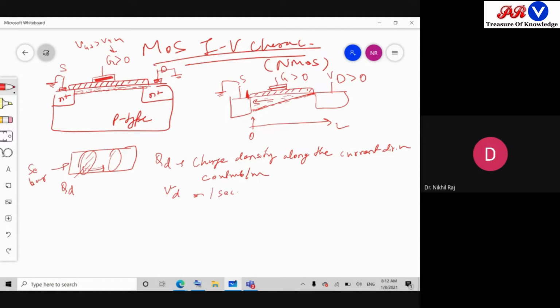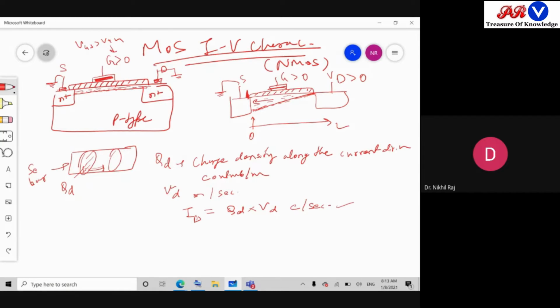So what will be the total current flowing through this? So the current will be computed as Qd into Vd, and the unit will be coulomb per second. Okay, so this will be the ID expression for this.